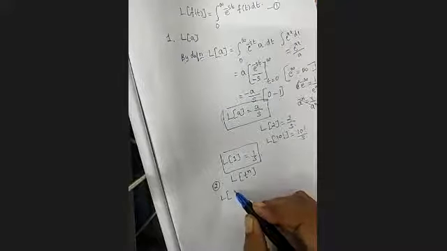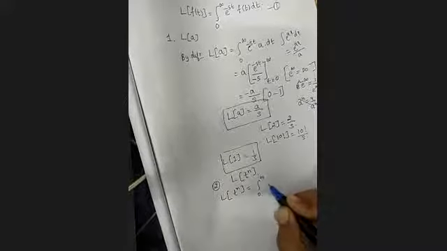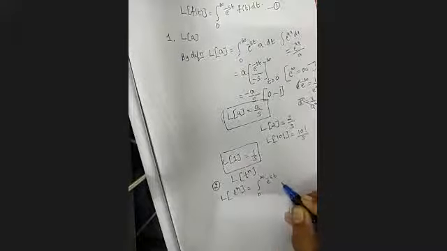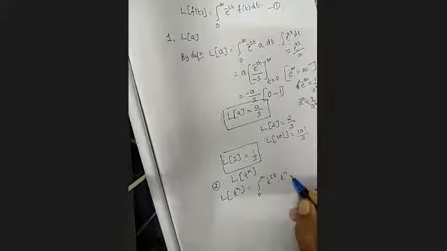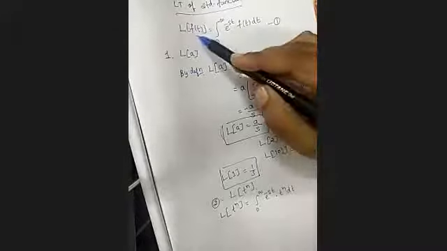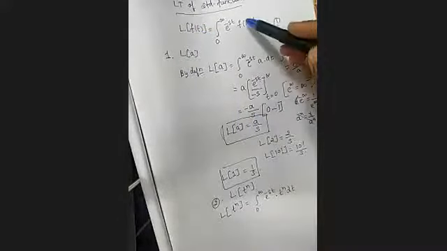So the integral from 0 to infinity, e raised to minus st, then t raised to n, dt. You are keeping the definition as it is. What function you take will change only here. All other terms are the same.